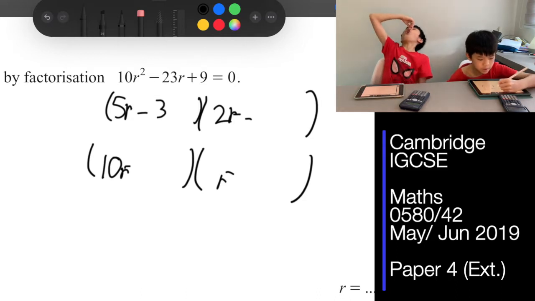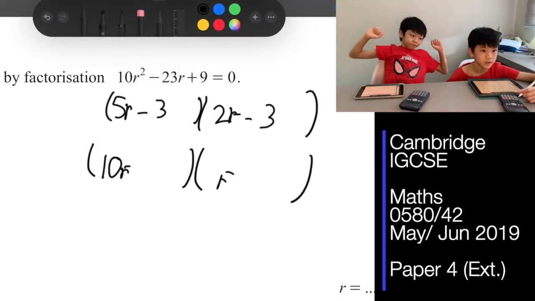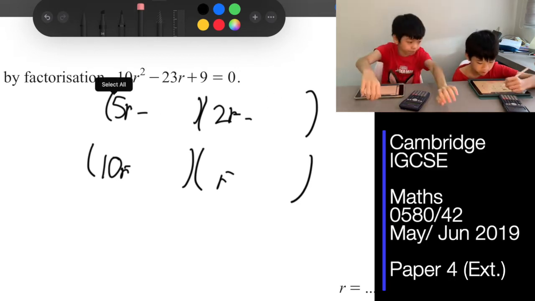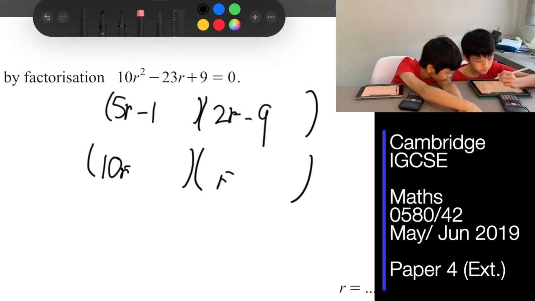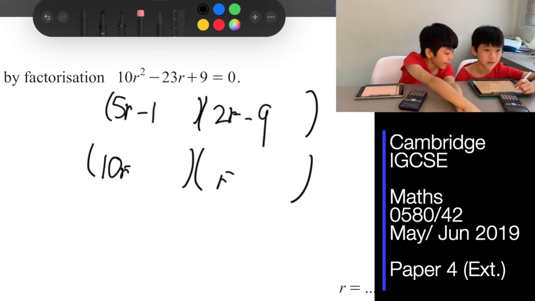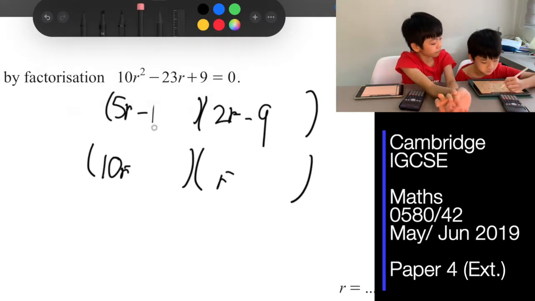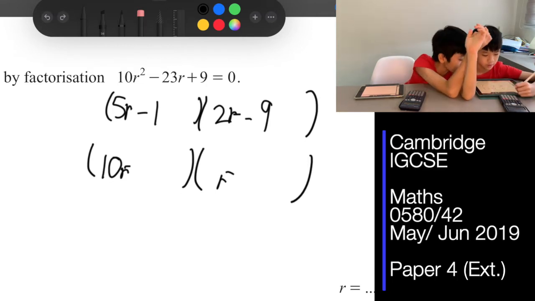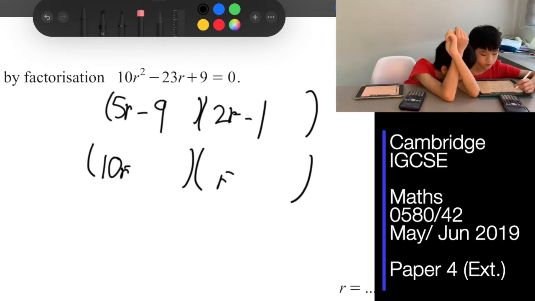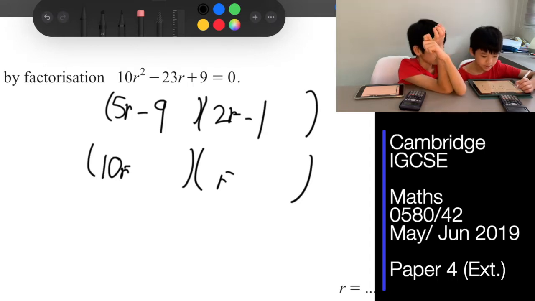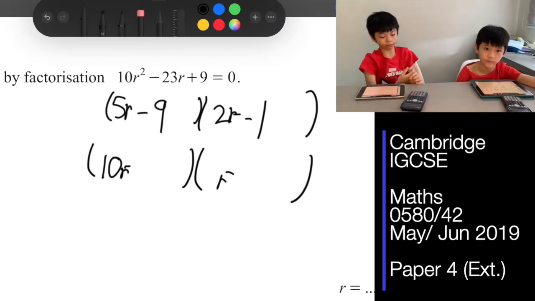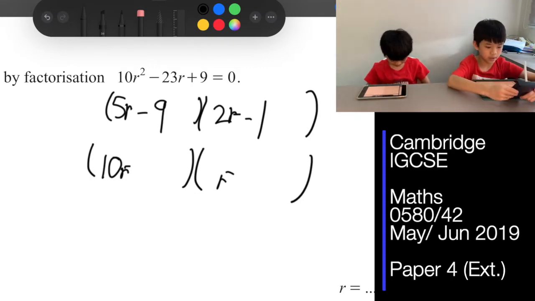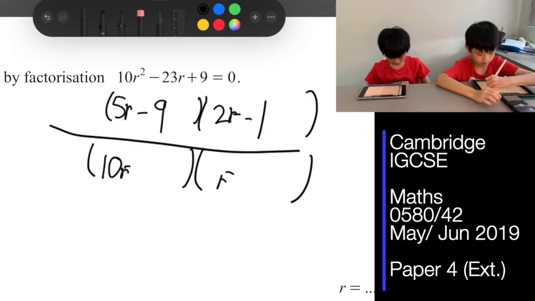So it could be 3, 3. That does not work. Could be 9, 1, 1, 9. So 9 times 5 is too big. So let's try this and this. Oh, that's the same. So negative 5 minus 18 should be negative 23. Yep, it's negative 23. So it is this one.